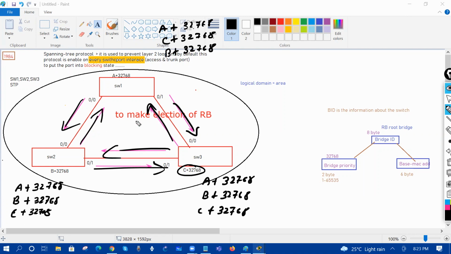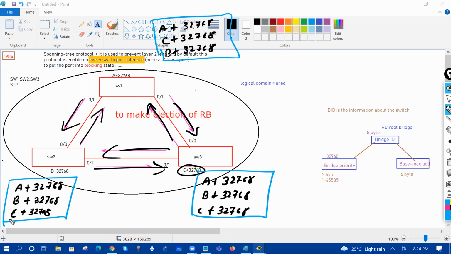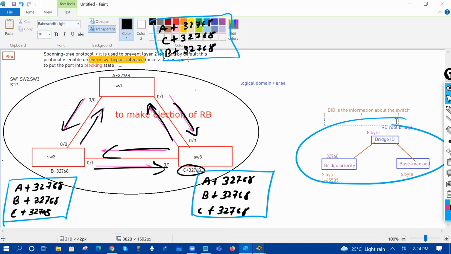This bridge ID information will be flooded throughout the network, and the one that has the lower bridge ID will become the root bridge.